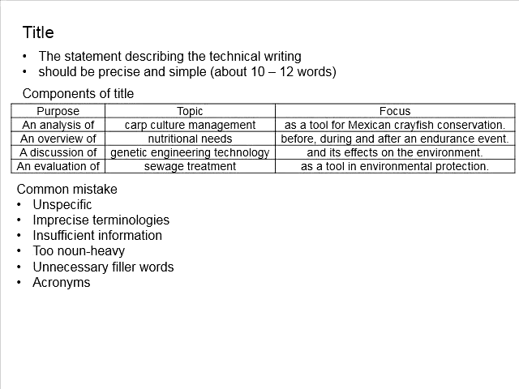The next mistake is unnecessary filler words. You know that titles normally have a limited number of words. I would say that the title is the statement in your entire technical writing which is the most optimized.